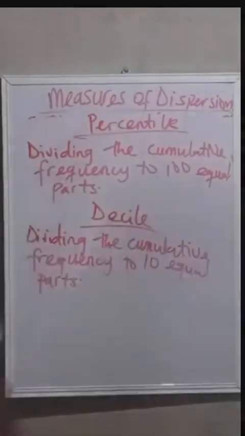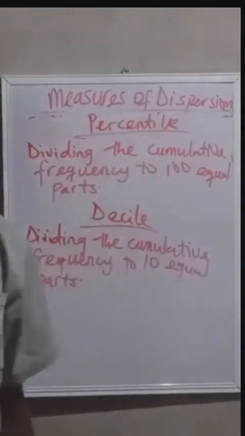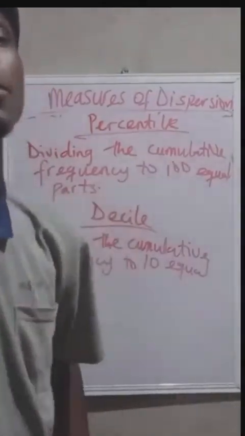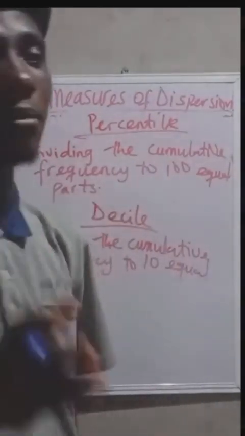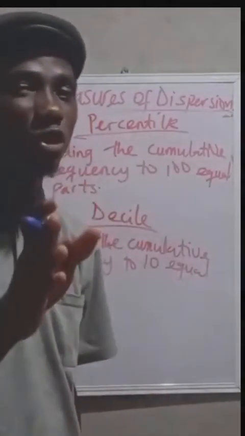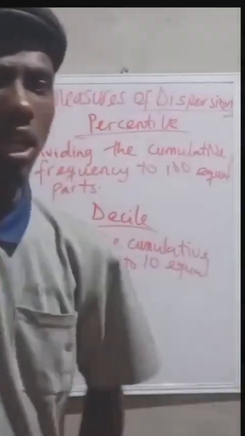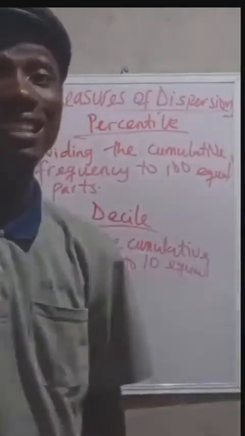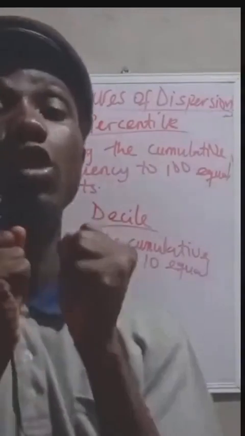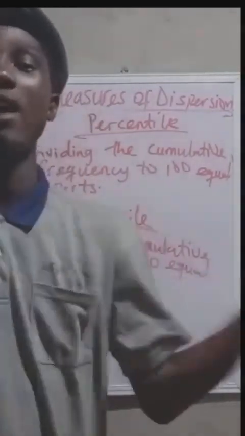This is what we mean by decile. So when you see decile, it means what you are given divided by 10 times the cumulative frequency. That's going to show you the position at which the data you are looking for actually lies. And when you get that, next thing is just pick your data and you get your answer.